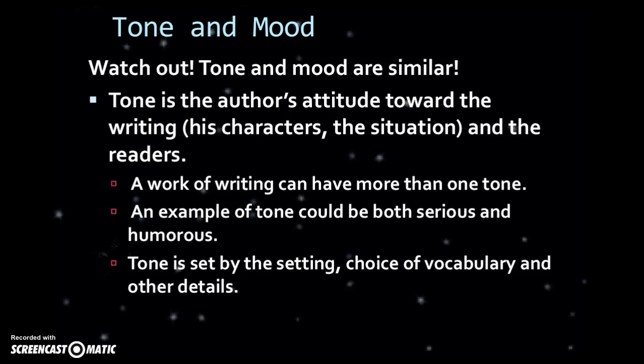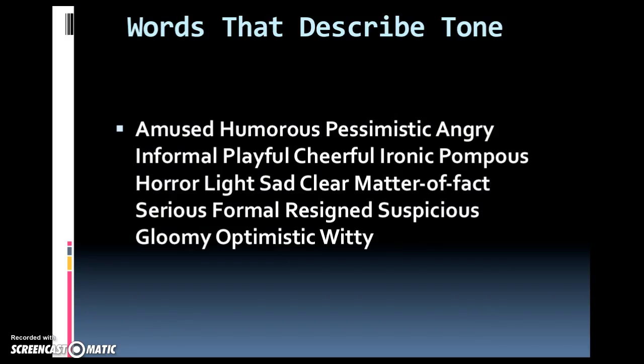Tone is set by the setting, choice of vocabulary, and other details. You really have to look carefully at the words that the author uses in order to determine the tone. Words that describe tone: amused, playful, ironic, pompous, horror, matter of fact, serious, optimistic, witty.